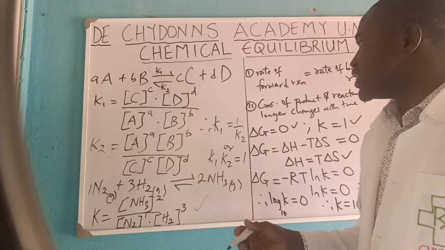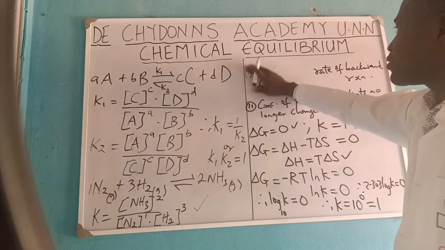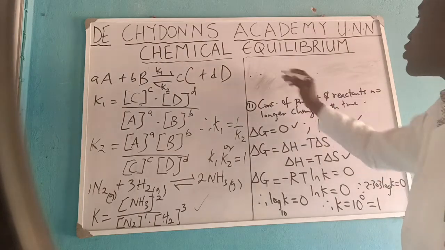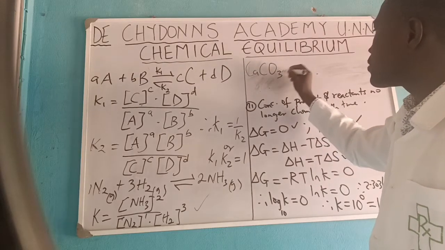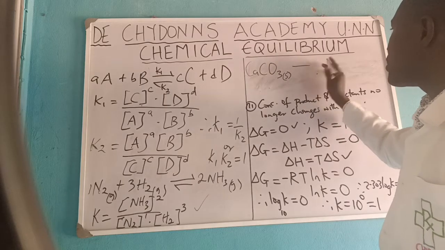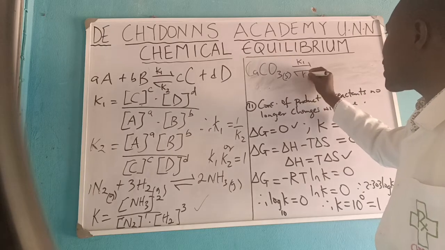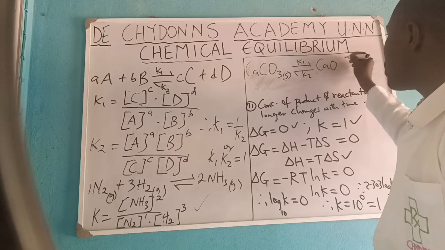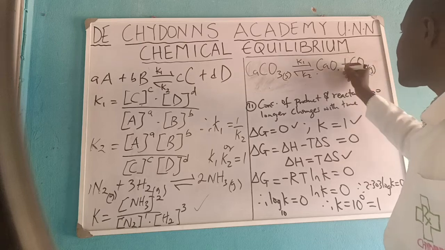But it's possible for one to have a reaction like calcium carbonate in solid state attaining equilibrium, to give calcium oxide, which is solid, plus carbon dioxide in gas.